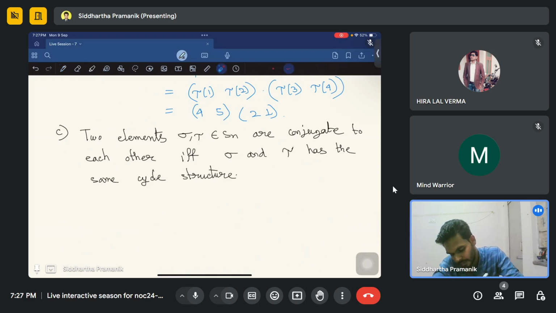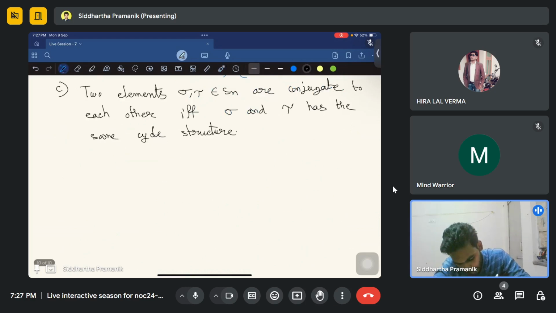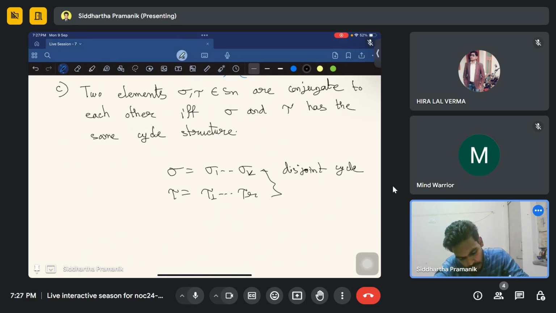So that means if we write sigma as sigma 1 up to sigma k, and tau as tau 1 up to tau r, these are disjoint cycle decompositions. Suppose sigma i is a ki cycle.